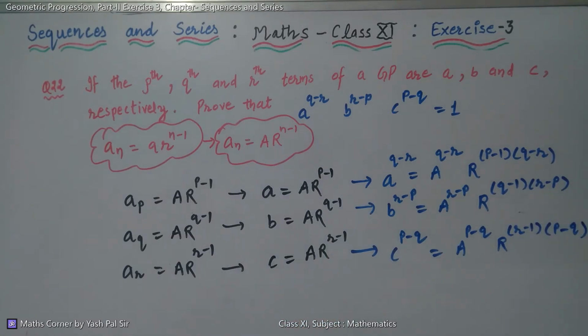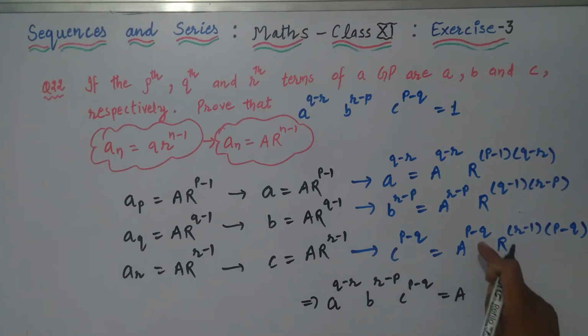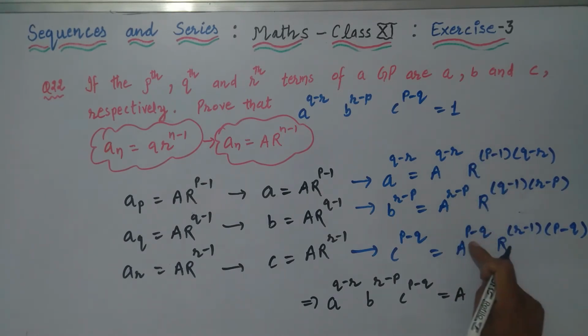Right? Now in the next step we multiply these terms. So this gives us on the left hand side a raised to power q minus r, b raised to power r minus p, c raised to power p minus q, which is equal to A raised to power (q minus r plus r minus p plus p minus q), so A raised to power 0.